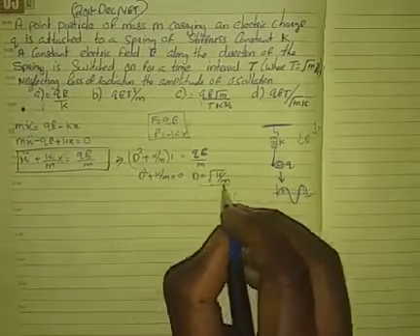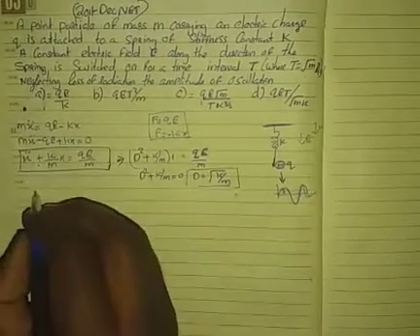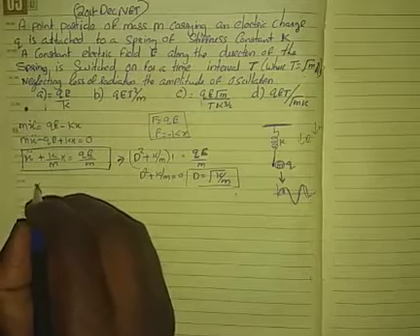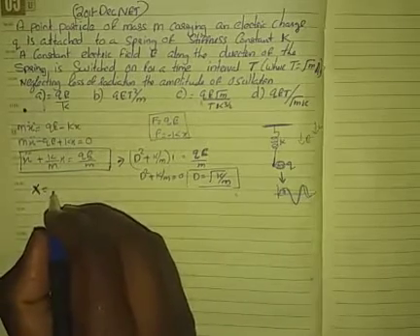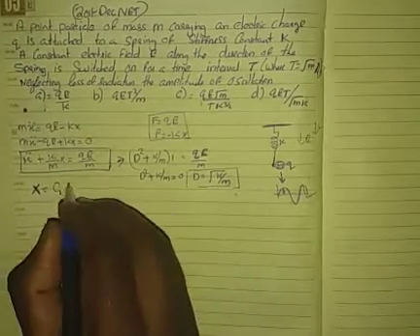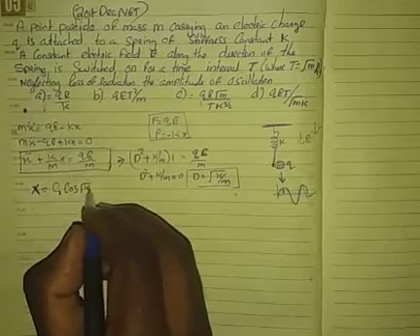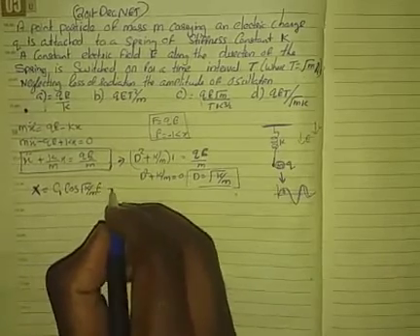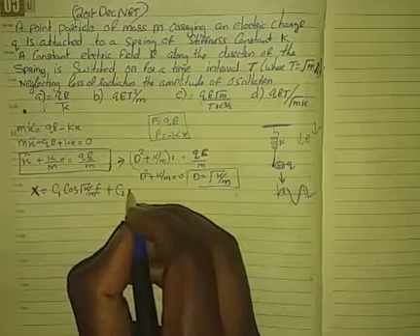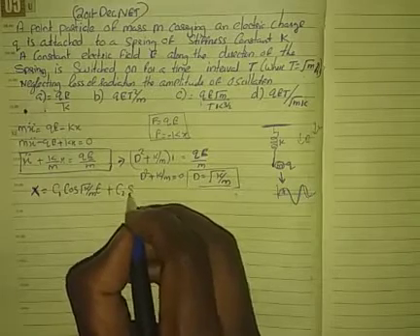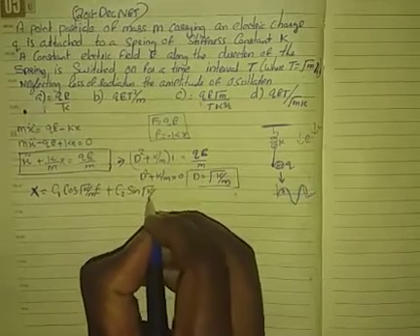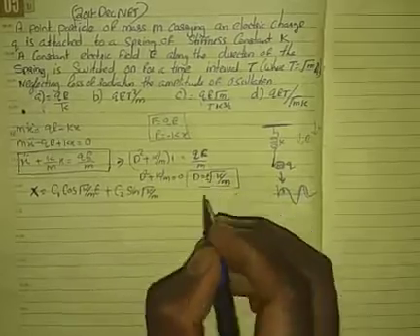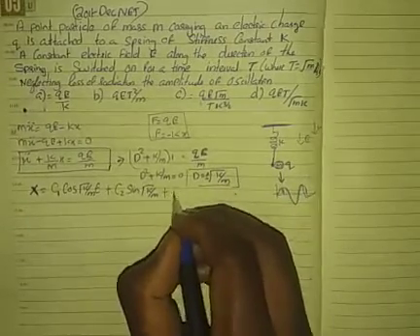The solution is x equal to c1 cos root k by m t plus c2 sine root k by m t, plus the particular integral.